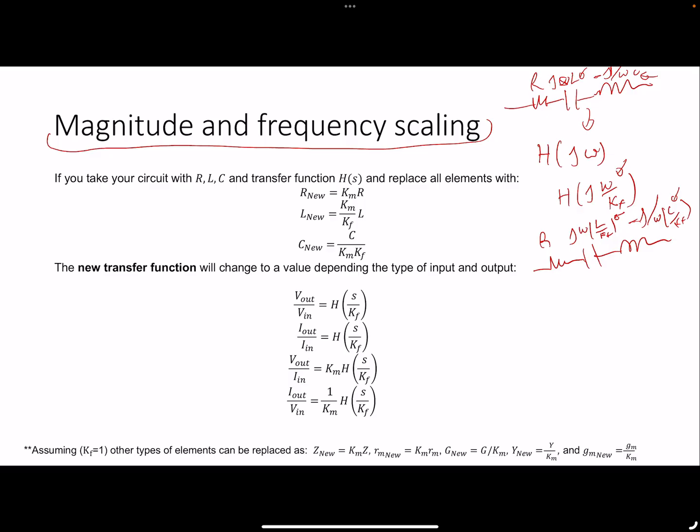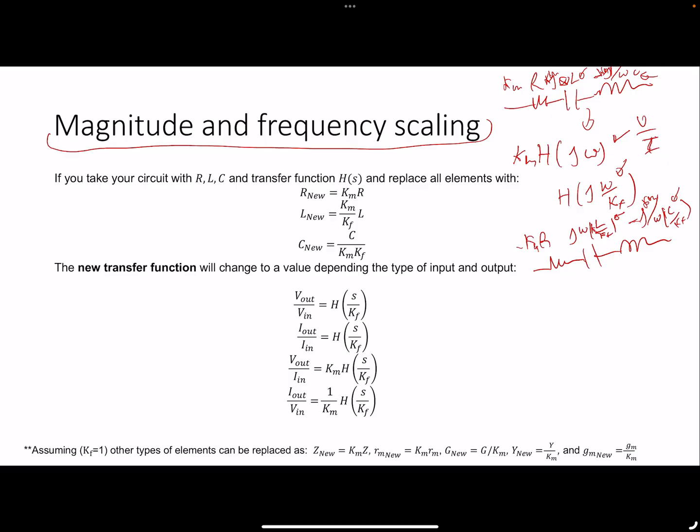Additionally, if I wanted to multiply this by a constant Km, and the units of this is impedance, meaning volts per current, I just multiply all of the things that have units of impedance by Km. So I would multiply this by Km, and then Km, and then Km. Oh, I should have done it down here. Km, and then Km.